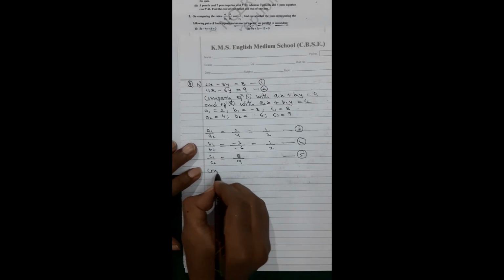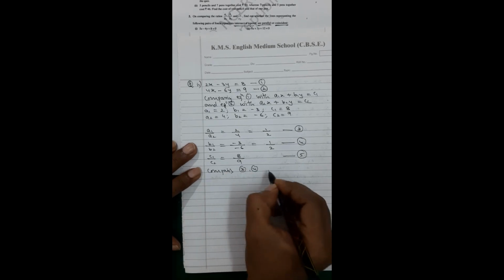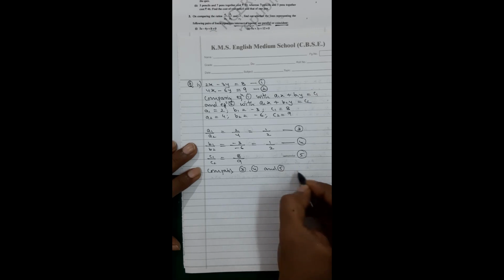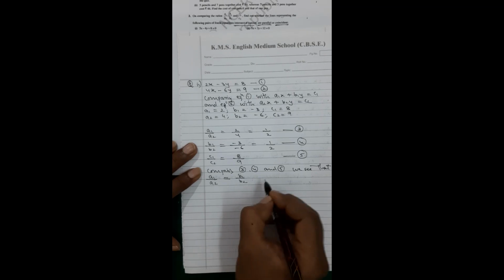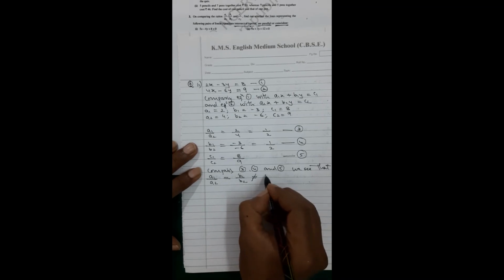So what? a1 upon a2 is definitely equal to b1 upon b2, but it is not equal to c1 upon c2.